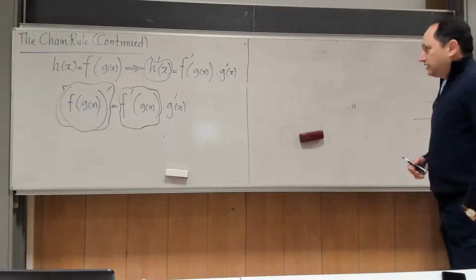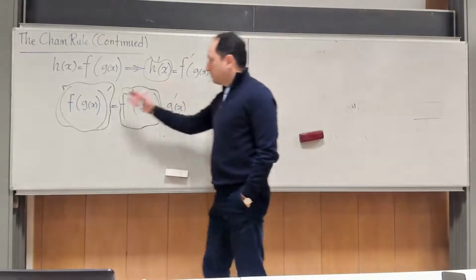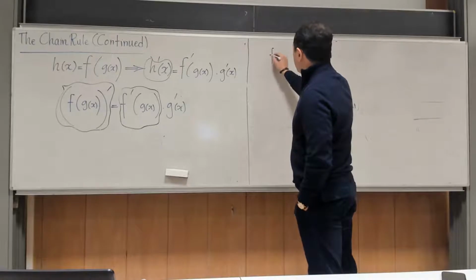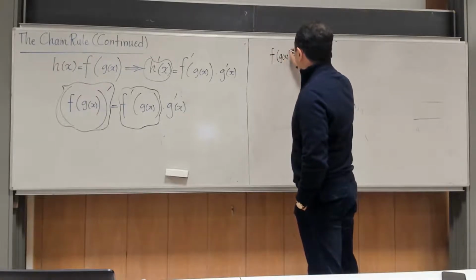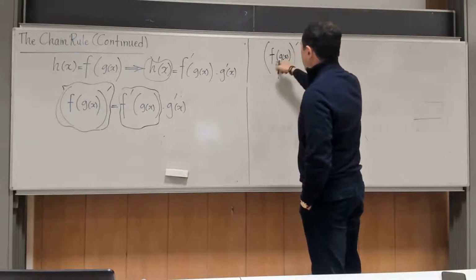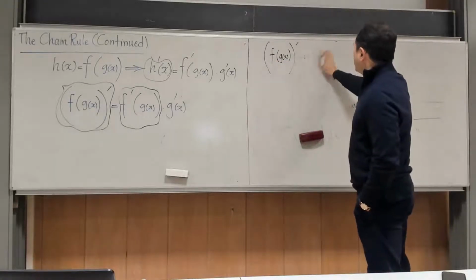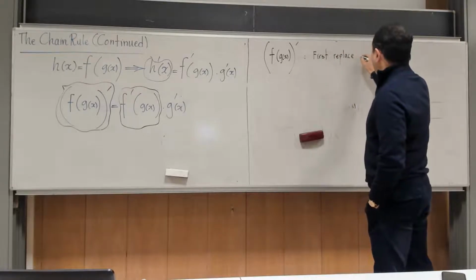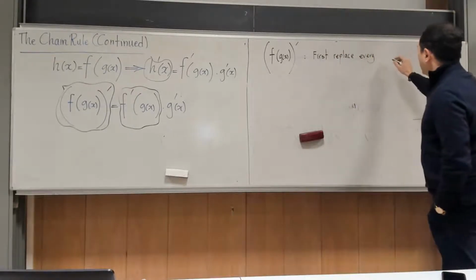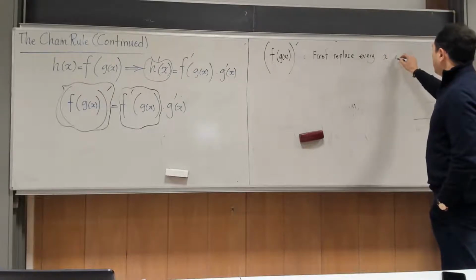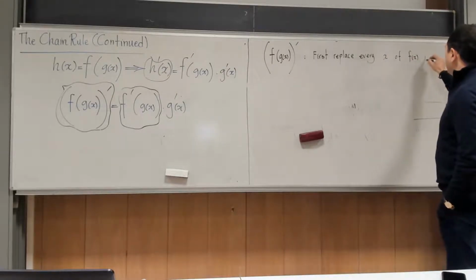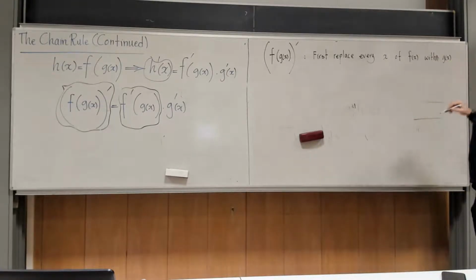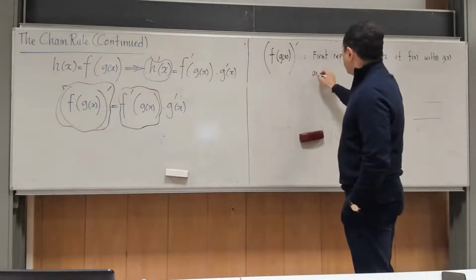Okay. So here I want to write this down. You need it in the future at least. So what is the meaning? I want to describe this symbol for you. When you see the prime out there, it means that first replace every x of f of x with g of x, and then differentiate.